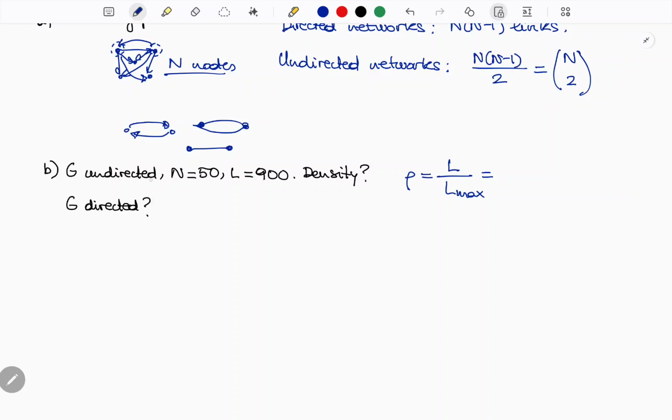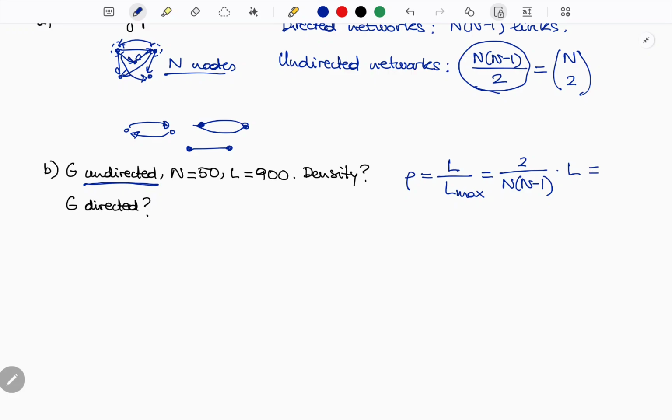Since this is an undirected network, I have to use this version of the possible number of links. So if I divide by this number, it is like dividing by n times n-1 and multiplying by 2 times L. So this is the expression for the density.